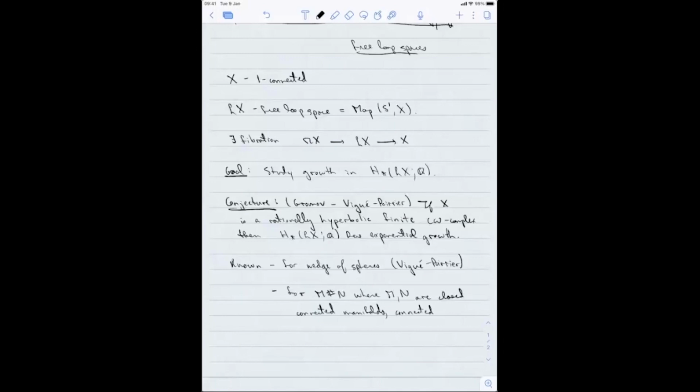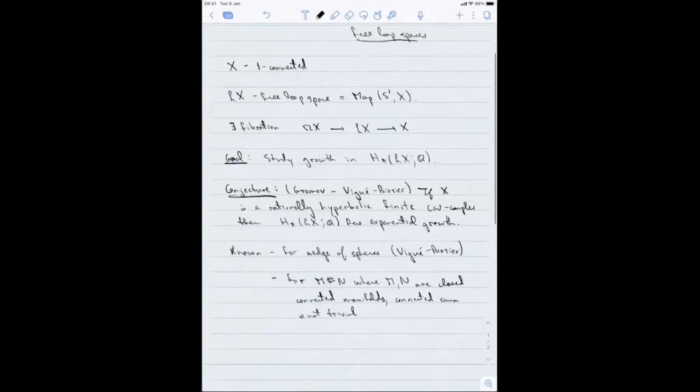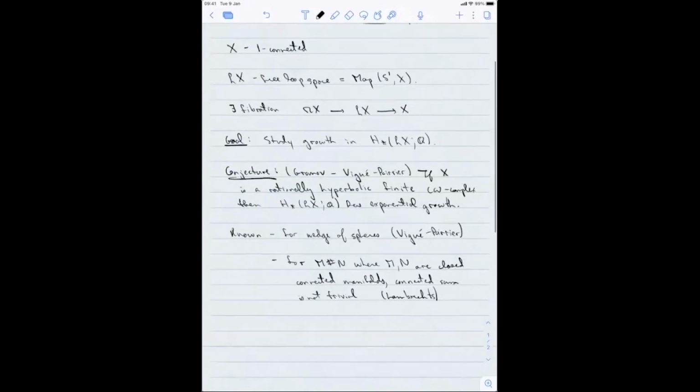Neither M nor N is a sphere. And this is essentially due to Lambrechts. And it's known if X is coformal, and again, this is due to Lambrechts.